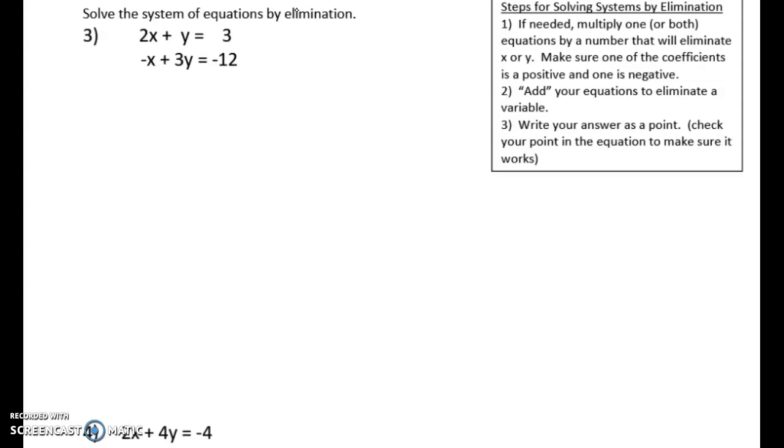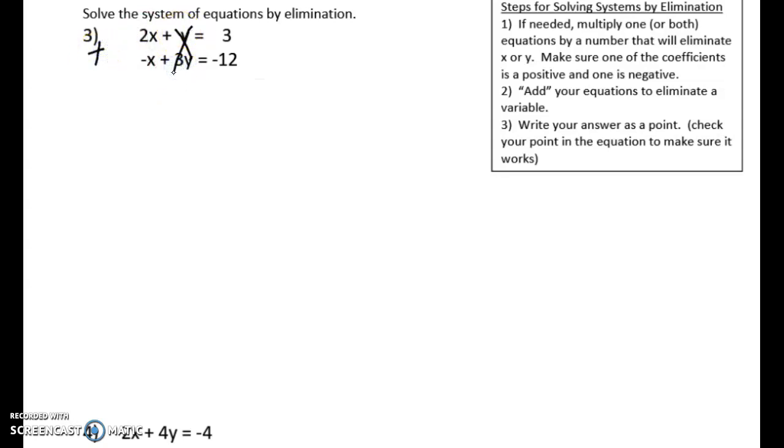If needed, multiply one or both equations by a number that will eliminate x or y. Make sure one of the coefficients is positive and one is negative. What we're actually going to do is just add these up and try to get either the x's to cancel or the y's to cancel.